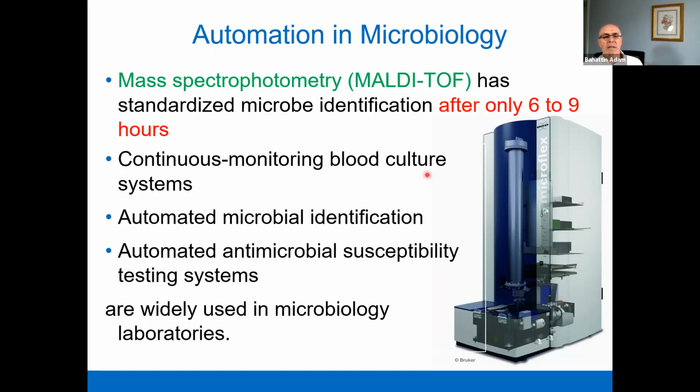Continuous monitoring blood culture systems are other automation systems. Automated microbial identification and automated antimicrobial susceptibility testing systems, antibiogram systems, are widely used in microbiology laboratories. These are the most common automated systems that we are using in clinical microbiology.